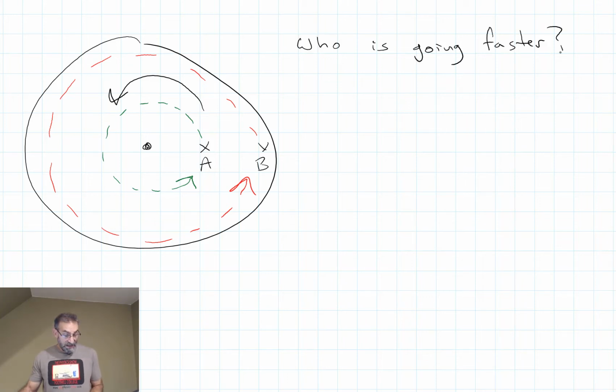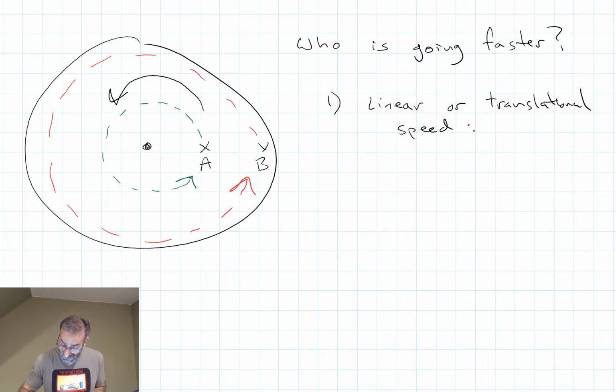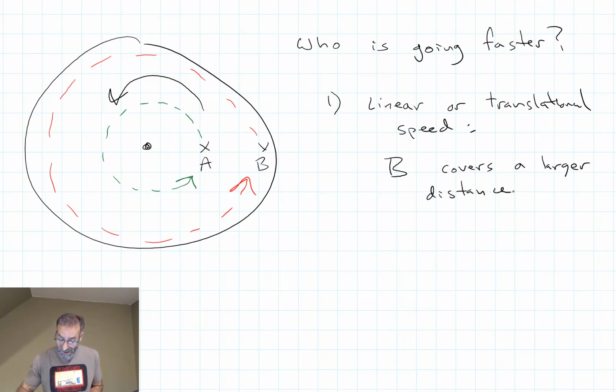Well, it depends how you think about things, right? One person might say, I'm thinking about things in terms of linear or tangential speed, translational speed. And if you're thinking in those terms, who's going faster? Person B. Person B covers a larger distance in the same amount of time.